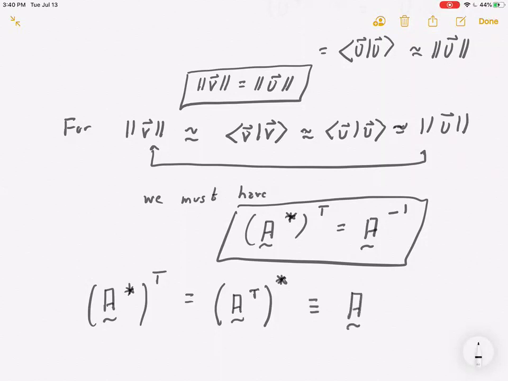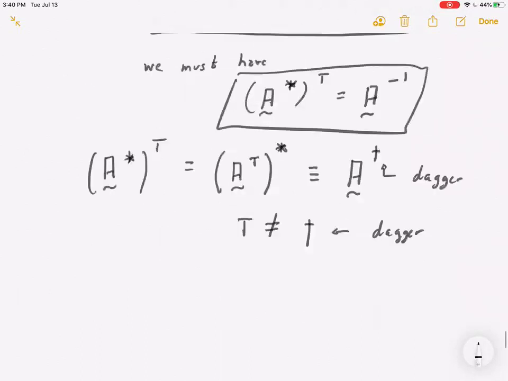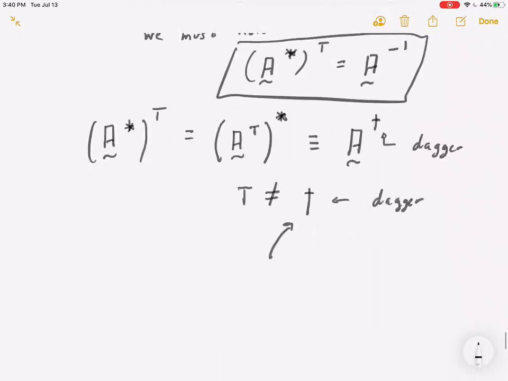I'm going to come up with simple notation. I'm going to use this superscript of a dagger. So again, please, T is transpose. That's not the same thing as dagger. And I'm going to call this dagger an operation. I'm going to give it a name. And it's called the Hermitian conjugate.